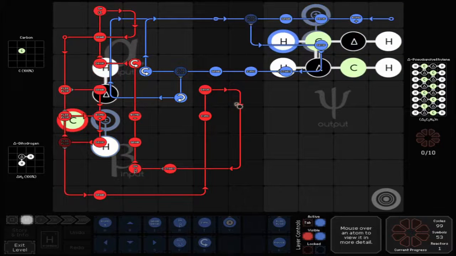Alright, so now the problem is, I need him to put it down on this square, which is occupied.